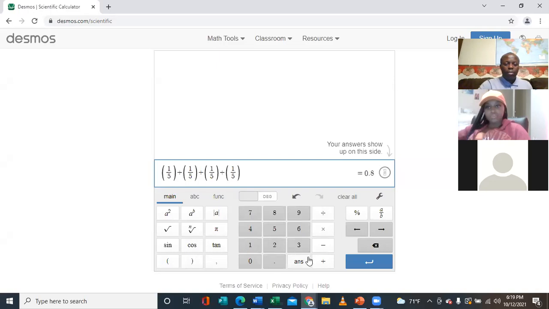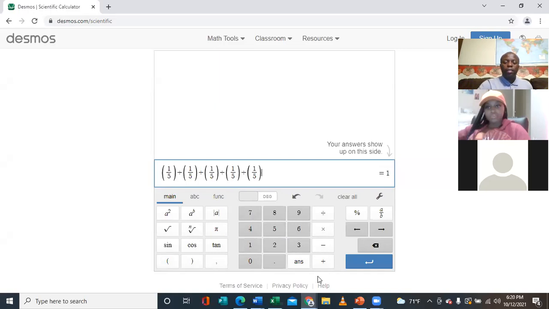Okay, plus 1/5, 1/5. You can see that they add to 1, equals 1.